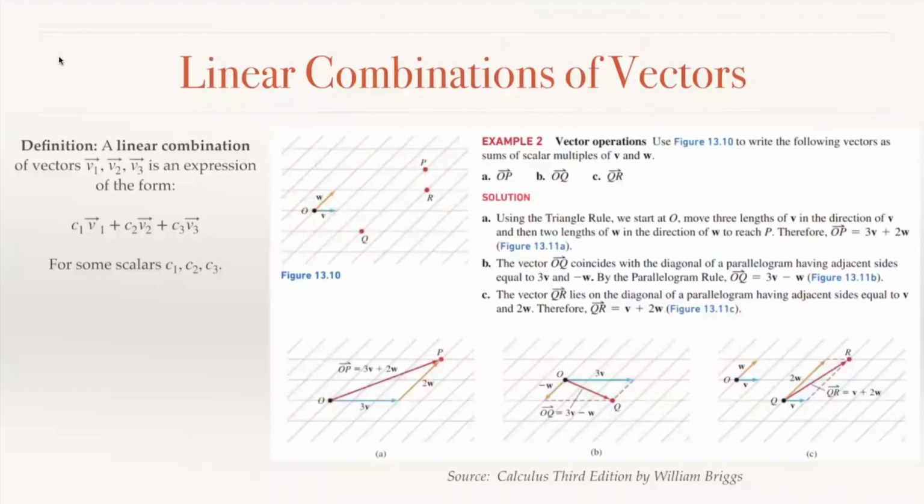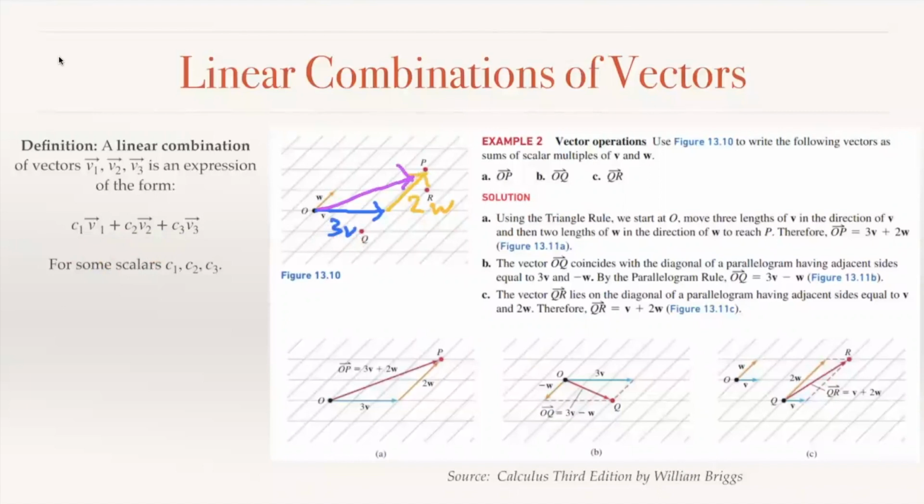So for example, to get to the point P, we want to go 3 in the v direction and then go 2 in the w direction. And therefore P is 3v plus 2w, and that's c1 v1 plus c2 v2 using our general notation.